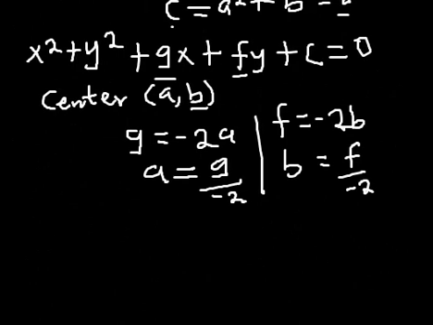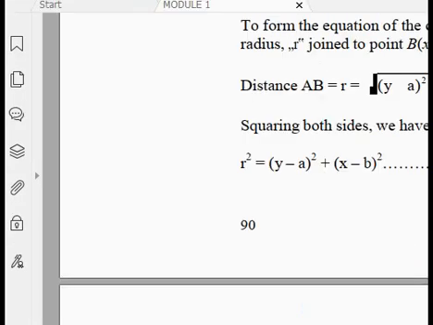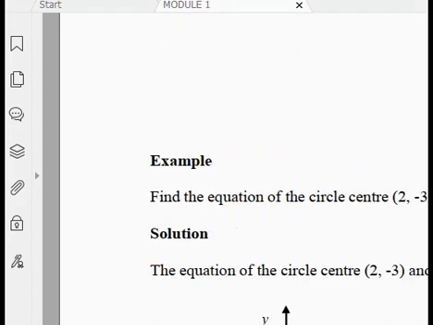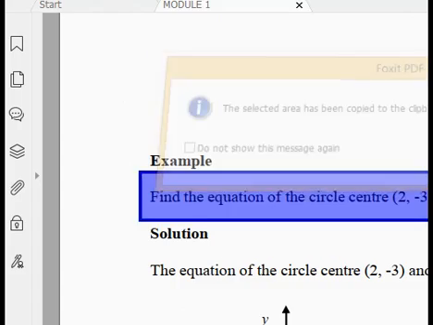I'm going to bring a question. So now here we go, I'm going to solve this.